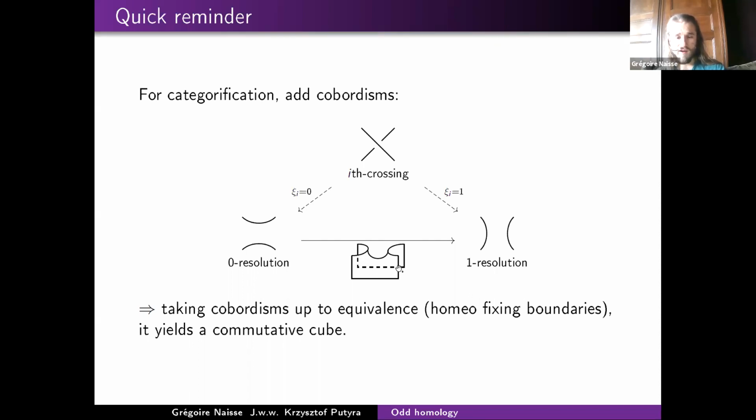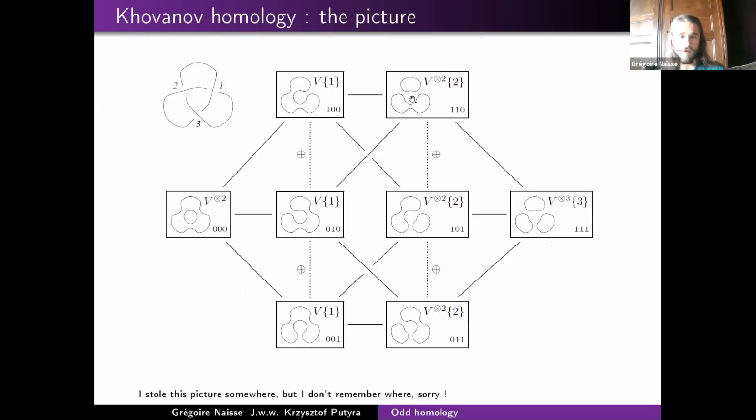And you can see that a saddle like this goes from 2 horizontal lines to 2 vertical lines. And if you do this everywhere you have a 0 resolution, then you will end up with some kind of huge cube of resolutions where the edges are cobordisms. So it looks like something like this.